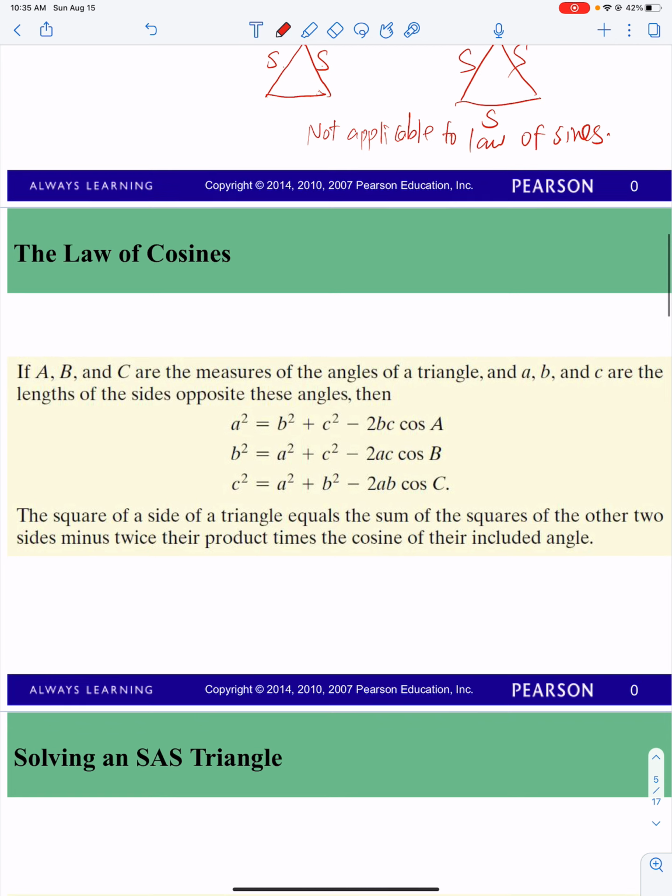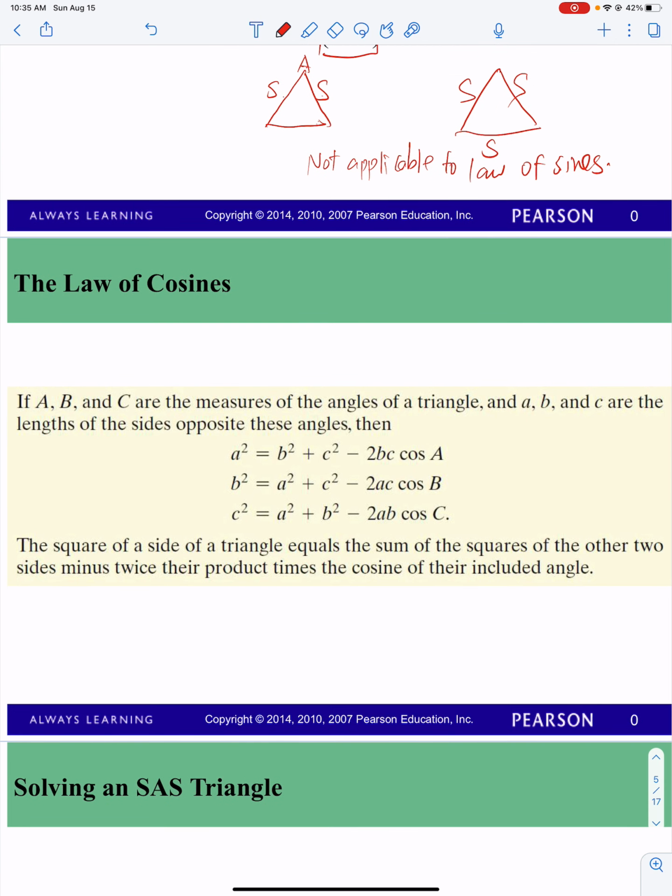This is why we need to construct another formula, called the law of cosines. What is the law of cosines? a squared equals b squared plus c squared minus 2bc cosine of a. What does this mean? If we have a, b, c, and we know b, we know c, and we know angle a, how could you find the opposite side a?